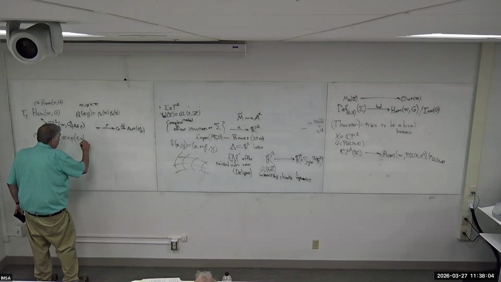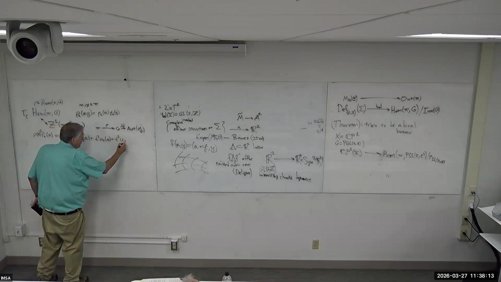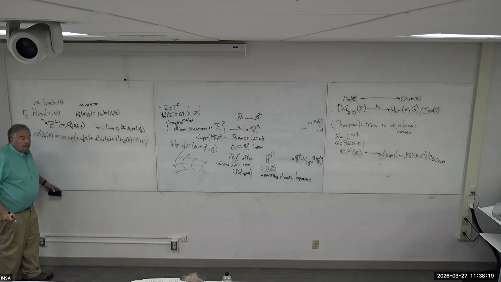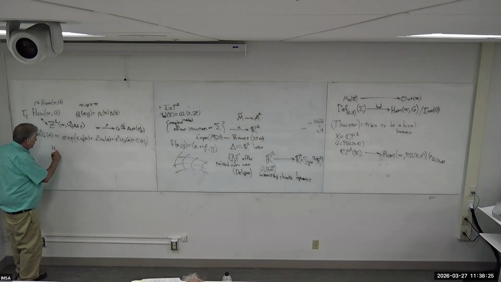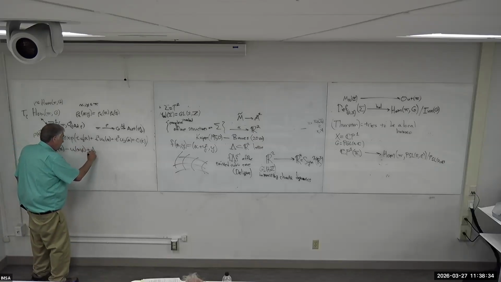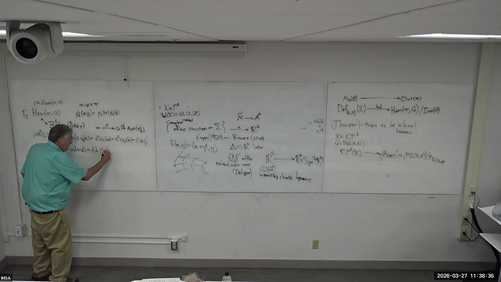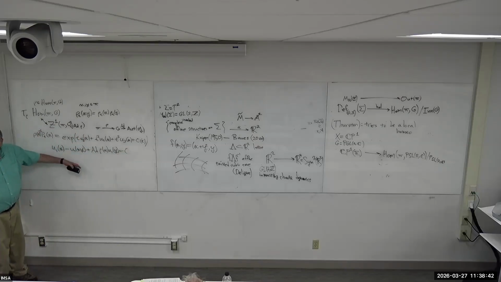And so we can write this out as a power series: u1 of x plus t squared u2 of x plus t cubed u3 of x plus higher stuff. And now apply this equation. So the equation for u1 is that it's a cocycle: u1 of xy minus u1 of x plus Ad rho of x u1 of y equals 0. And that's the condition for being a cocycle.